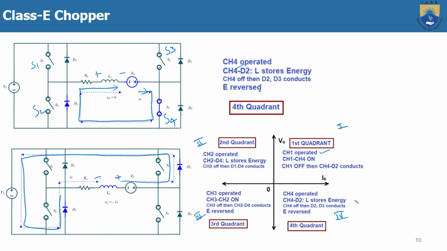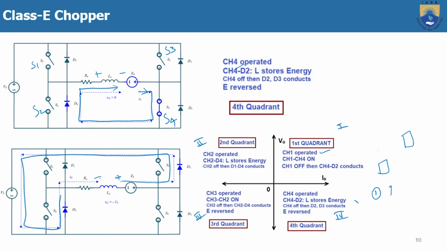The best application for this class E chopper is lift or hoist. One is the cabin, another one is the counterweight. Because there are four possibilities that you will get. Let us consider, initially there are only two cases.